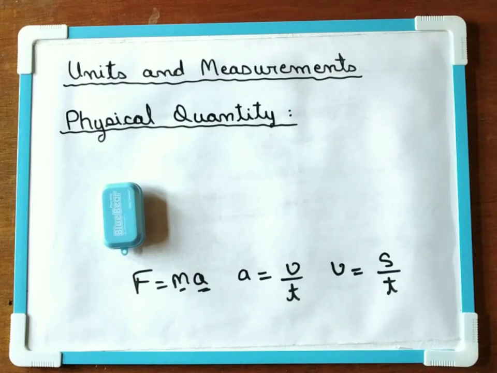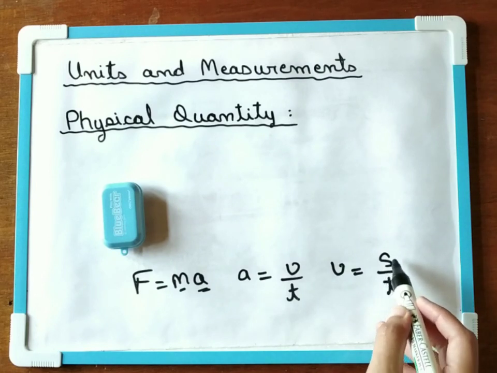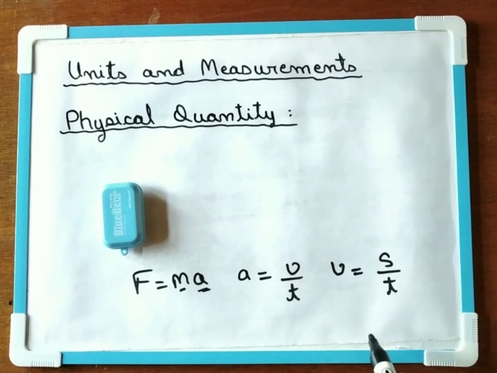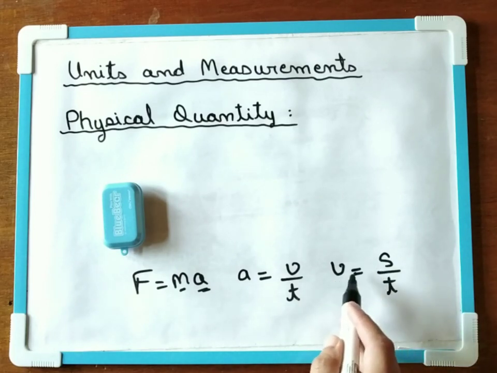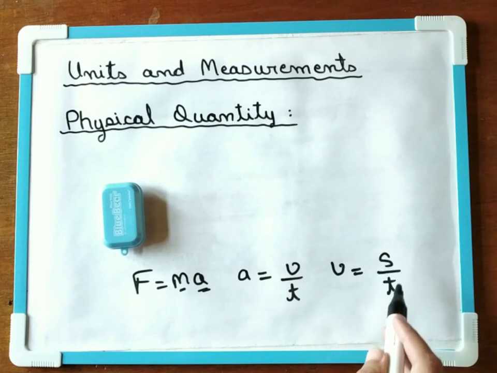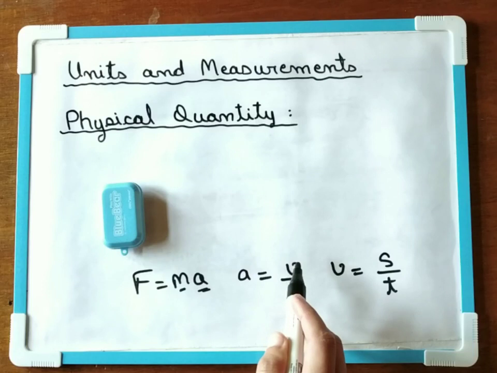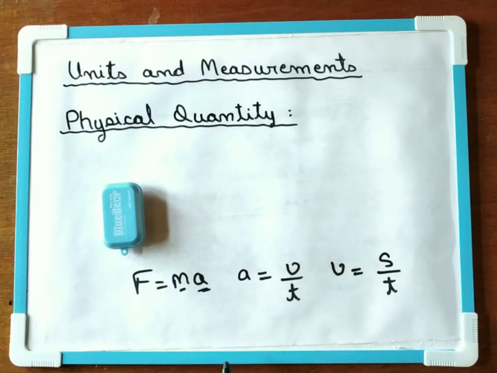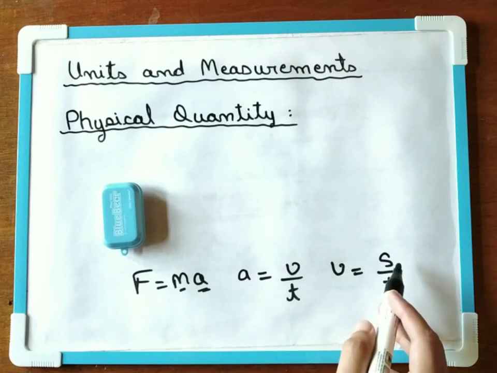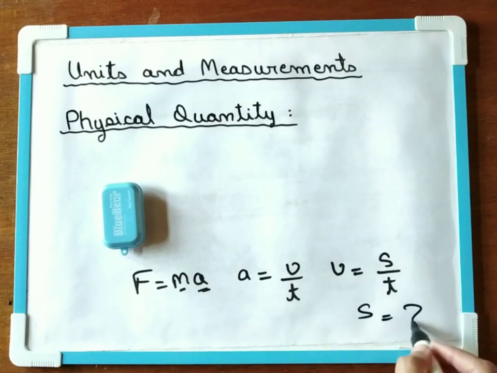Now if we look at this quantity here, the displacement, this I cannot express in another term. For example, velocity I can express as displacement by time. Acceleration I can express as velocity divided by time. Force I can express as mass into acceleration, but this displacement I cannot express in another form.